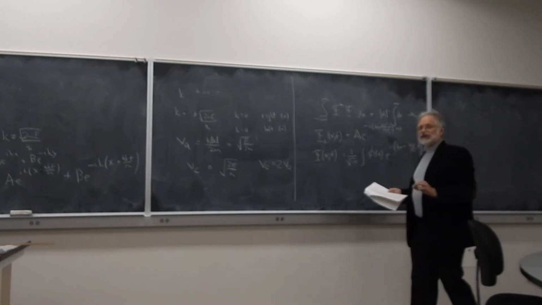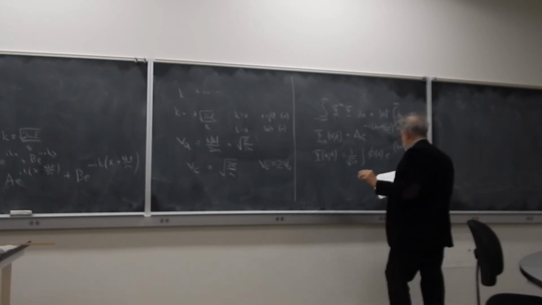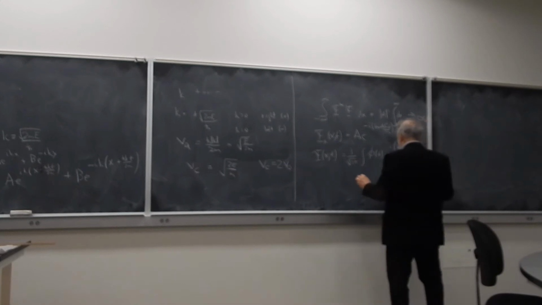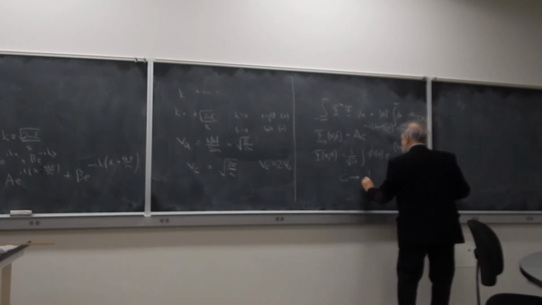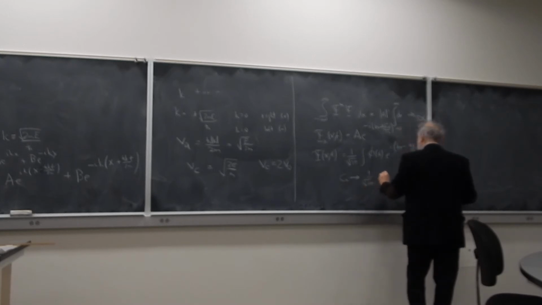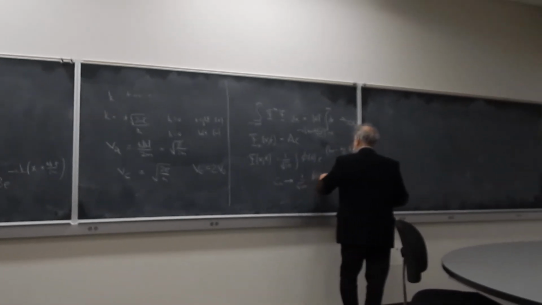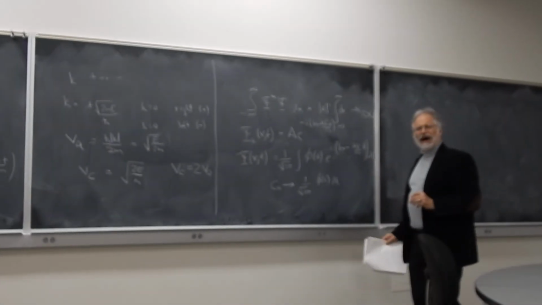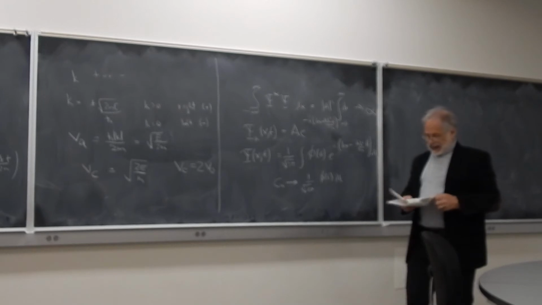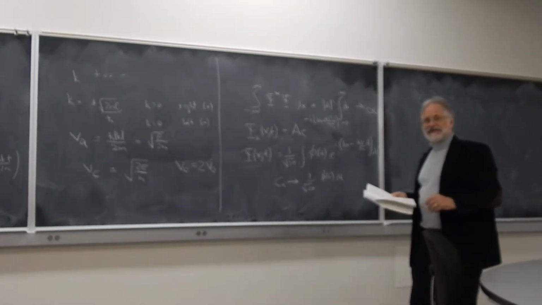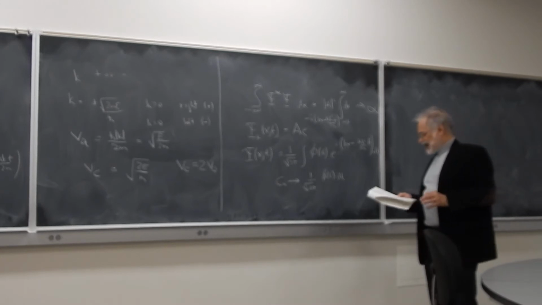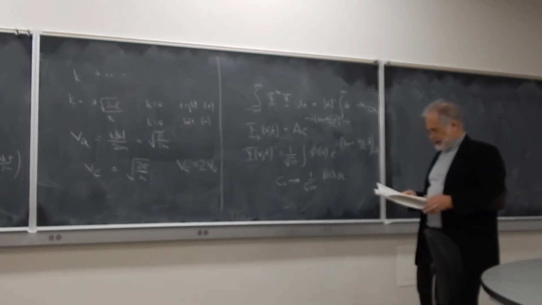So what we're going to do is represent our old C sub n, the coefficients of expansion, by the function 1 over square root of 2 pi phi of k dk. Why? Well, as long as we choose phi of k properly, we'll be able to normalize psi sub k of x and t.